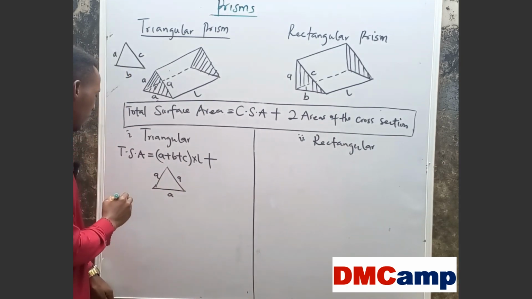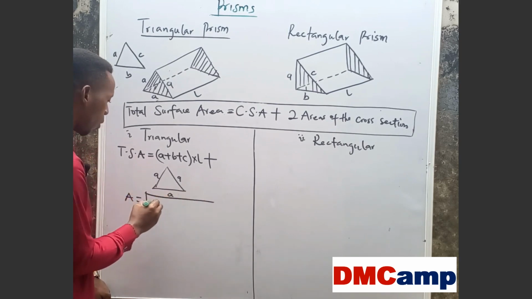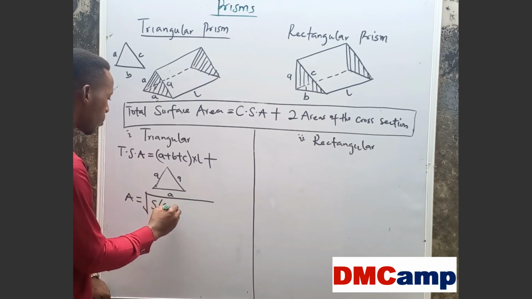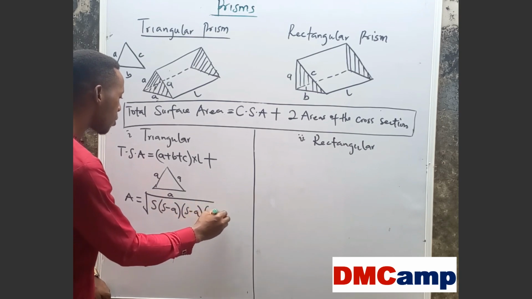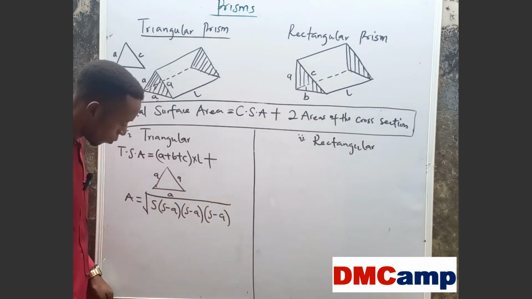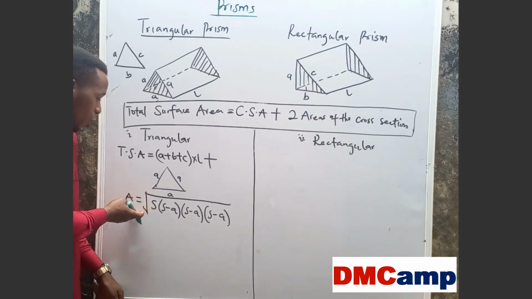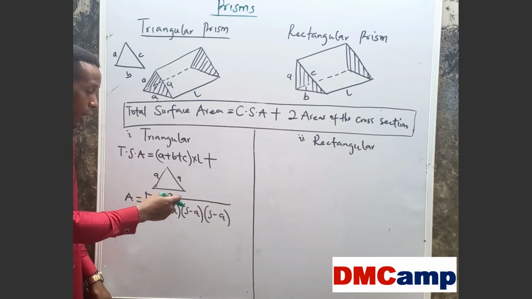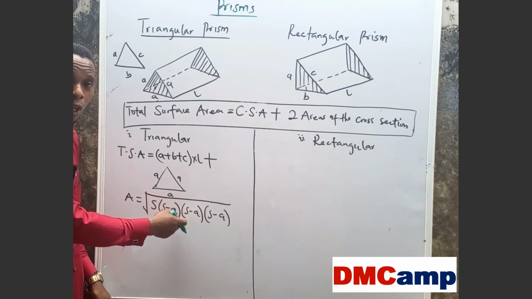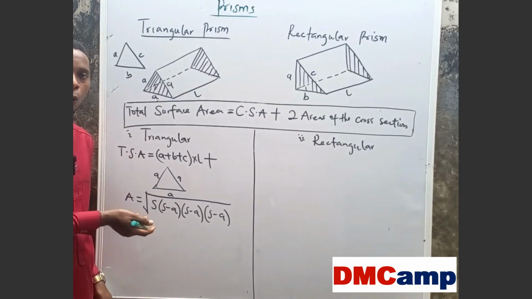Now, Hero's formula simply says that area equals the square root of S into S minus A, S minus A, and S minus A. This is what we call Hero's formula. Because all the sides are equal, we have S minus A three times.